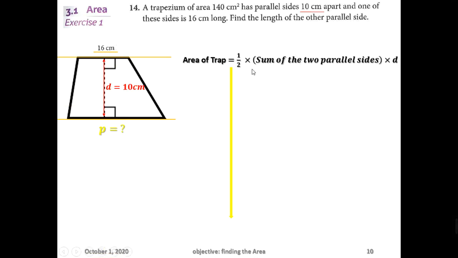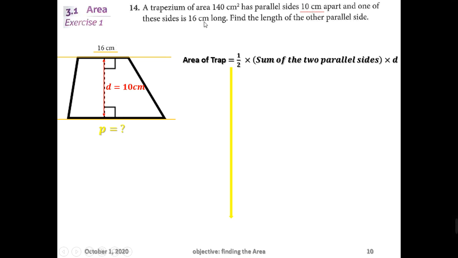Before we actually substitute in this rule, we must check if all given numbers carry the exact same measurement unit. So centimeter squared, the area. One of the parallel sides is in centimeter, so there is no need for conversion up until now.